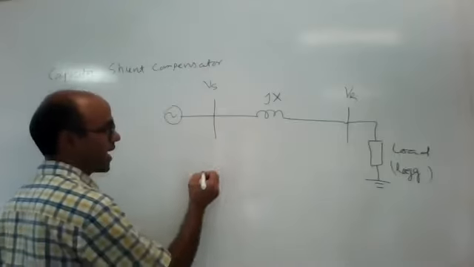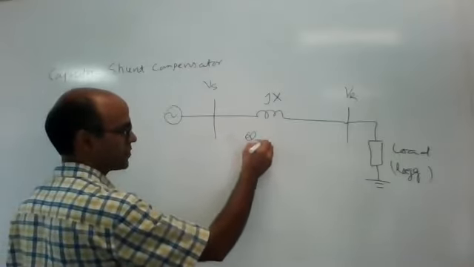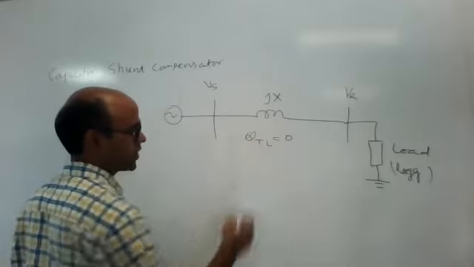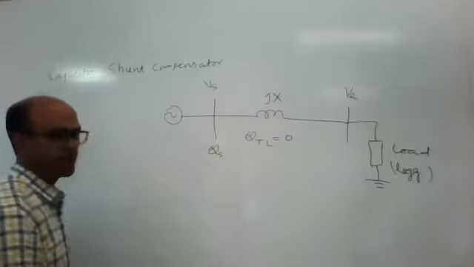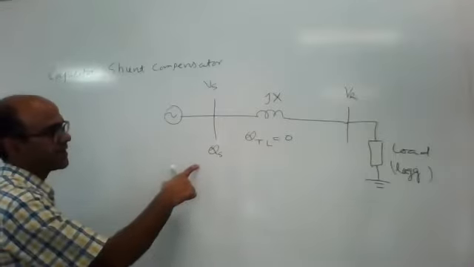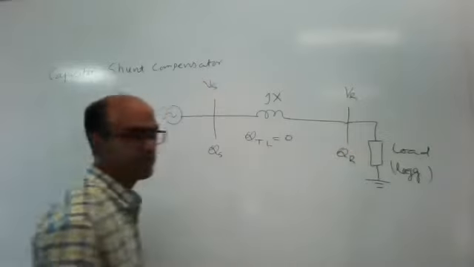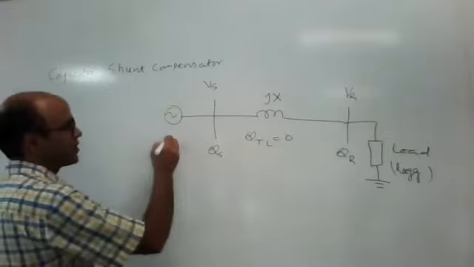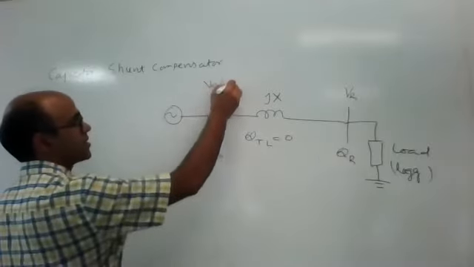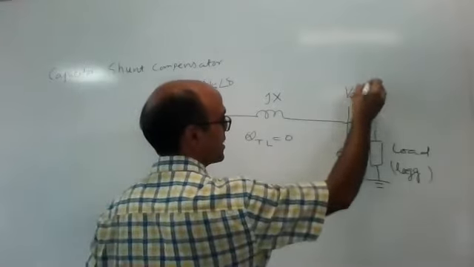I am assuming the reactive power consumed by the transmission line is 0. It means whatever power we have at the sending end, we get the same at the receiving end. I am assuming this is a generator and its power angle is delta, and this is the 0 reference voltage.